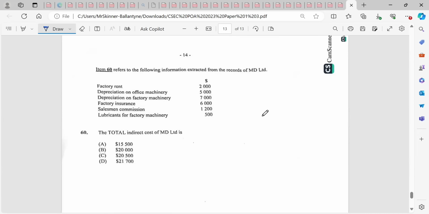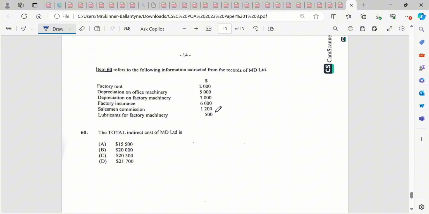The three types of accounts are personal, real, and nominal. If they give you a special account, they make up something. Personal accounts are accounts of people and businesses, normally debtors and creditors. Real accounts are the tangible accounts, and the nominal ones are the intangible. So if they put special, they make up something to try and throw you off.